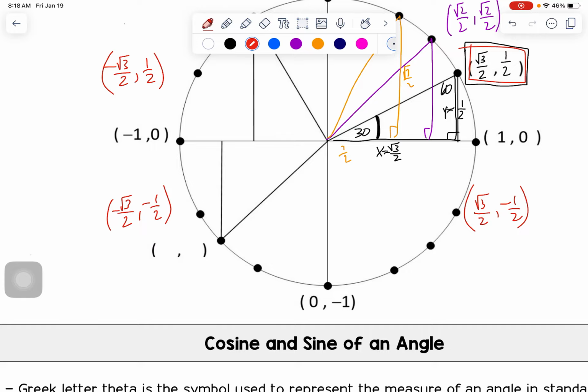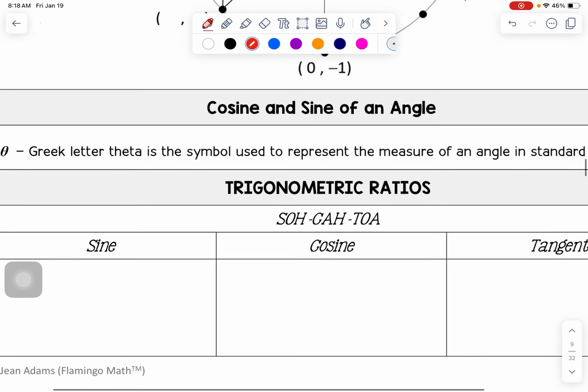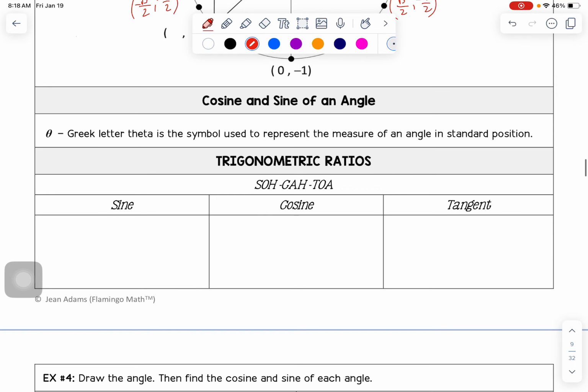If you're utterly confused, you could just copy down what I wrote, and then we'll put it together when you come to class. Here's the last few things to finish up. Just a review of SOHCAHTOA. In geometry, you learn about right triangle trig. Sine is defined as opposite over hypotenuse.